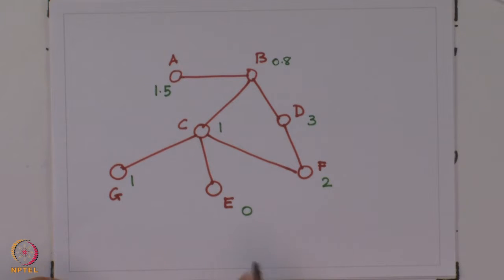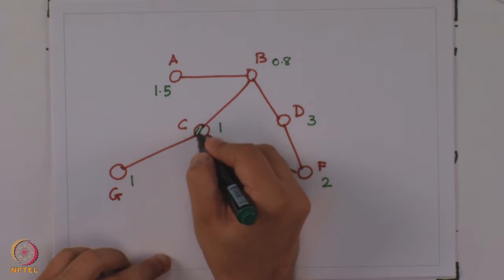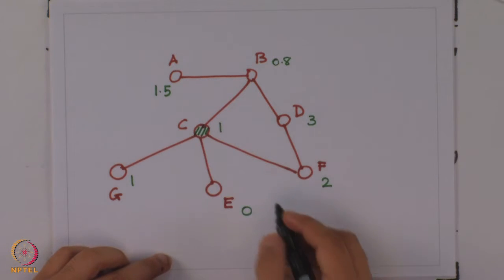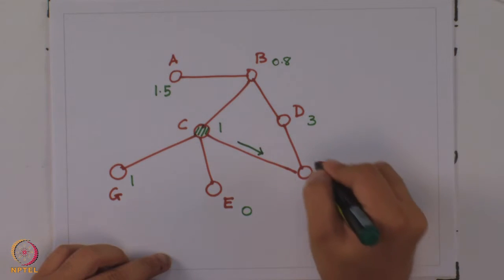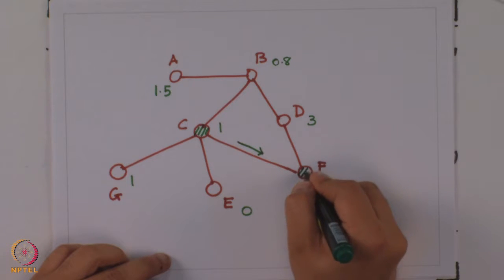So what we realized is that if our starting population is node C, then the population is going to move towards node F first.